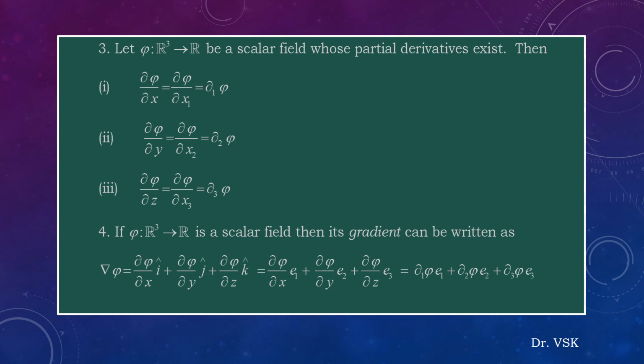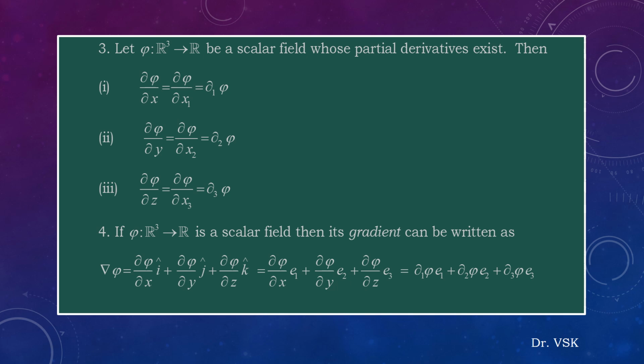This dou phi by dou x can be replaced by dou 1 phi. Dou phi by dou y is replaced with dou 2 phi and dou phi by dou z is replaced with dou 3 phi. Of course, i cap equals e1, j cap equals e2 and k cap equals e3.